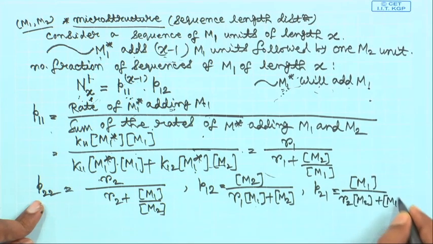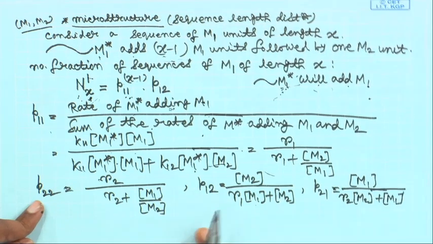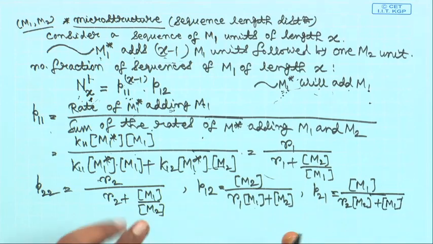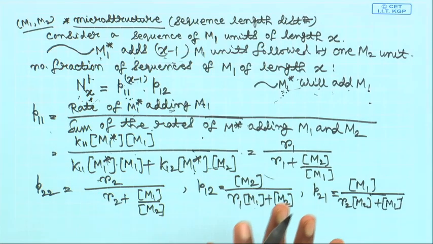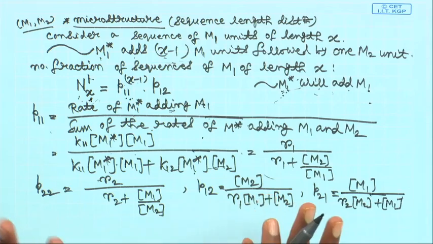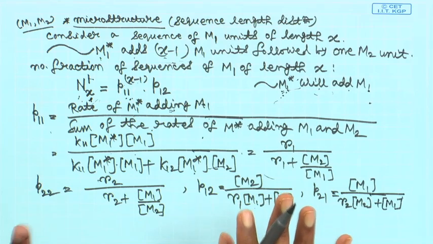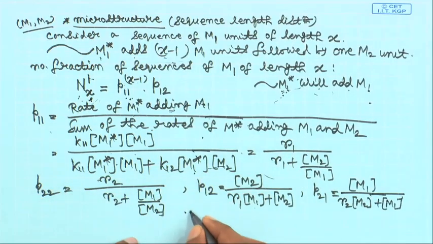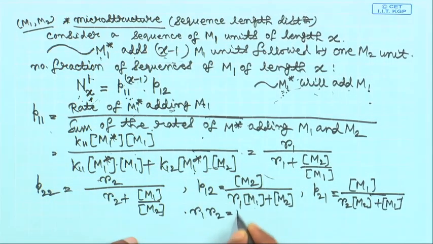Okay. Now, let us try to understand what we mean by ideal copolymerization. We said the propensity of M1 star and M2 star to add to M1 is the same. In these expressions, you say R1 R2 equals 1, which is your so-called ideal copolymerization.